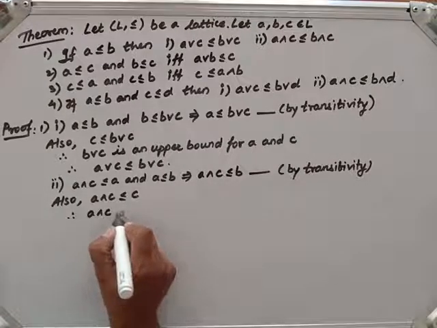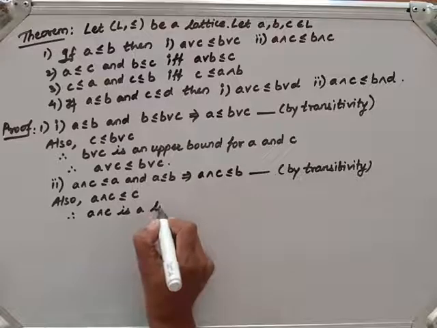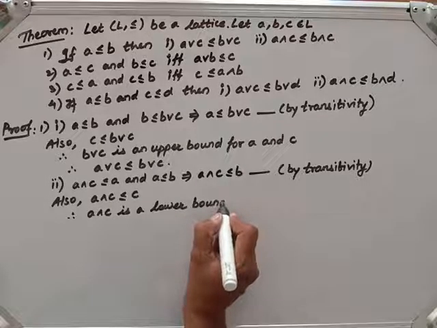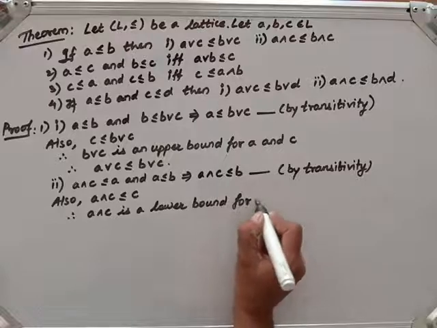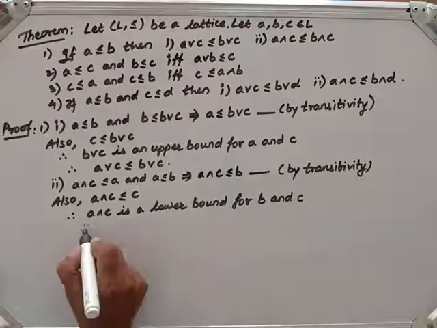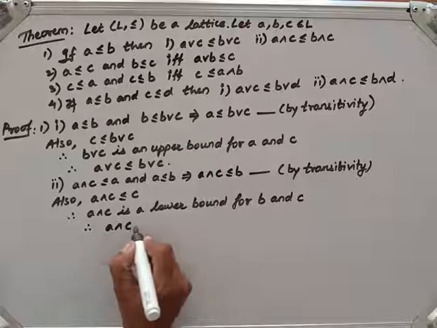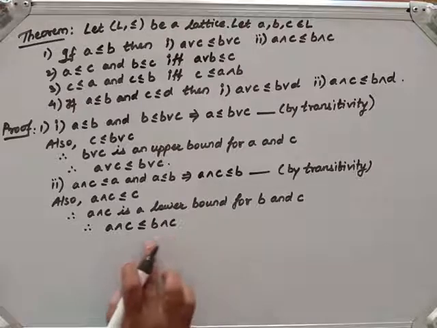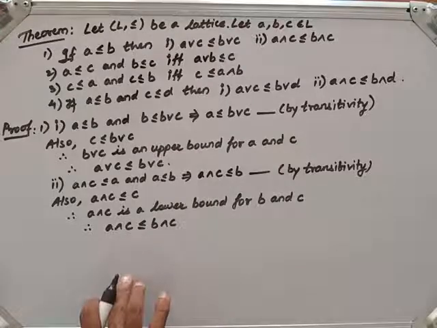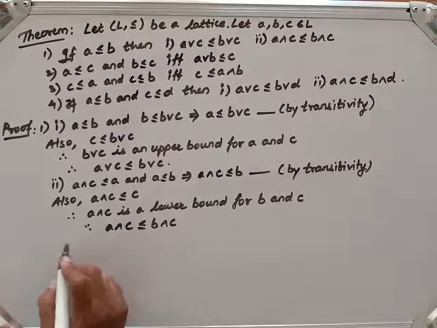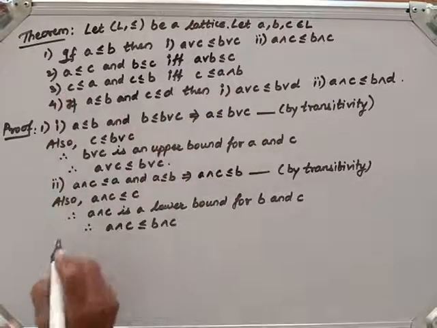A meet C is a lower bound for B and C. Therefore A meet C is related to B meet C, because B meet C is the greatest lower bound. So these are related. Fine. These are the proofs of the first one.